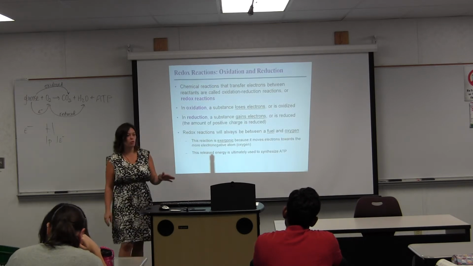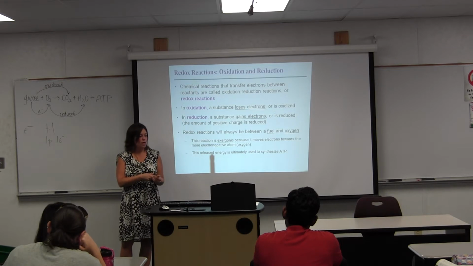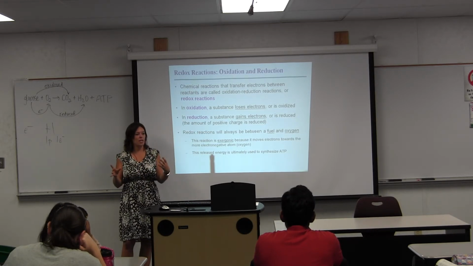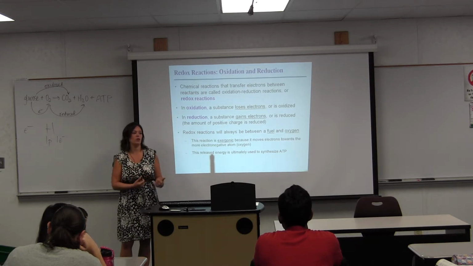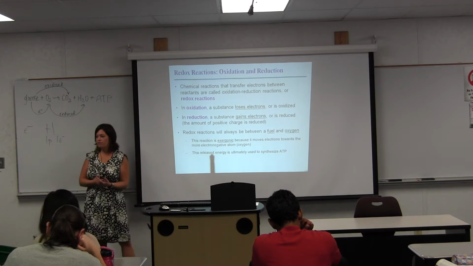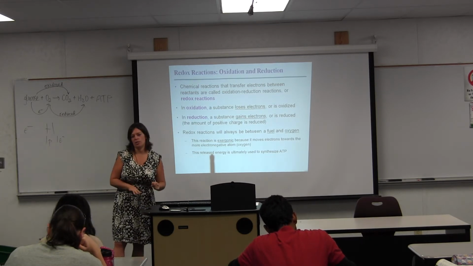All right, before we start getting into the nitty-gritty of cellular respiration, we need to make sure we understand what's happening with the shuttling of these electrons. Both cellular respiration and photosynthesis use what are called redox reactions.